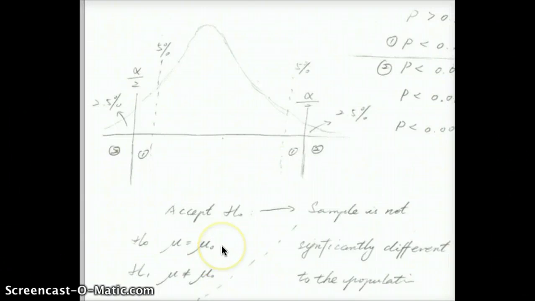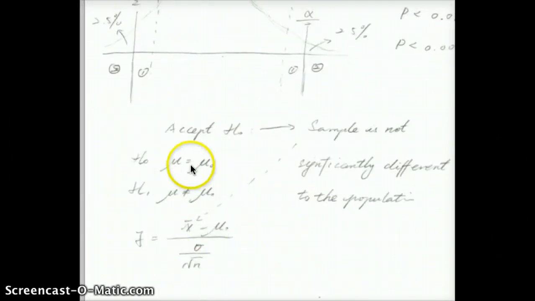So very probably the sample mean will be equal to mu 0. For mu equal to mu 0, that is the formula to calculate the calculated z value. We use x bar, which is from the sample, minus mu 0, divided by the standard deviation.